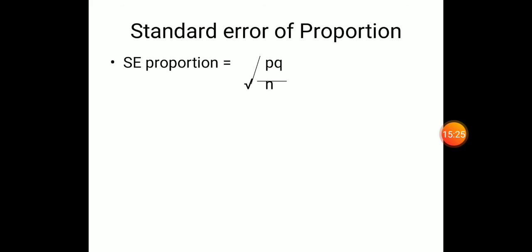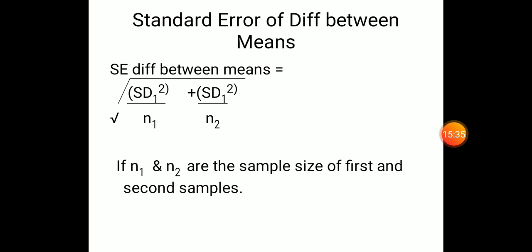If there are two populations and we want to compare the means or the proportions, then we will have the standard error of mean and the standard error of proportion. For the standard error of mean, the formula is square root of sigma 1 square divided by n1 plus sigma 2 square divided by n2. Here one mistake is there in the second one: it should be standard deviation 2 square.